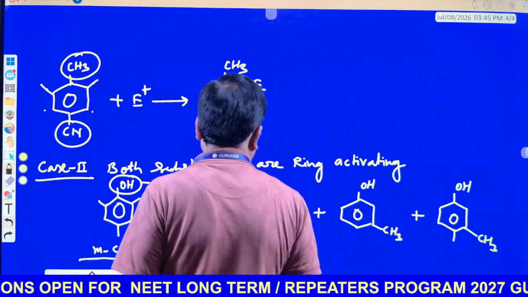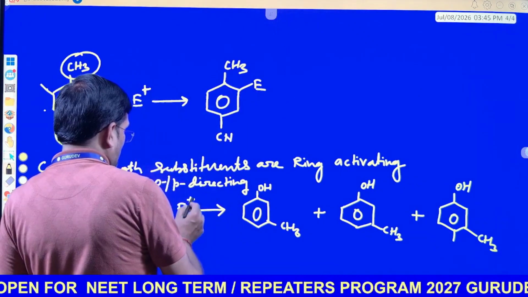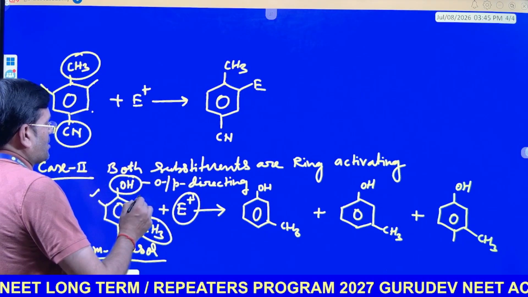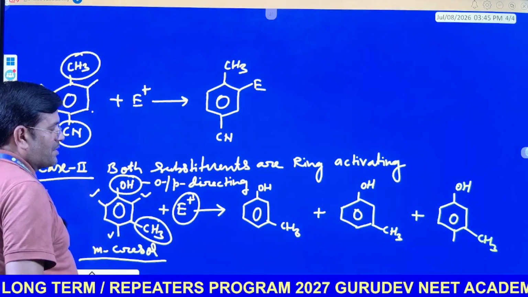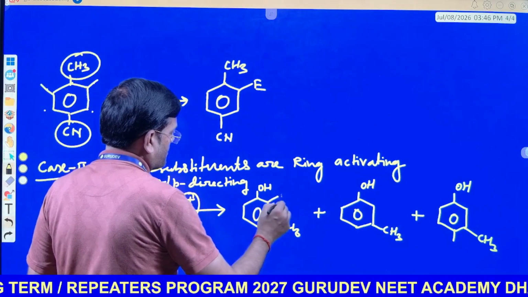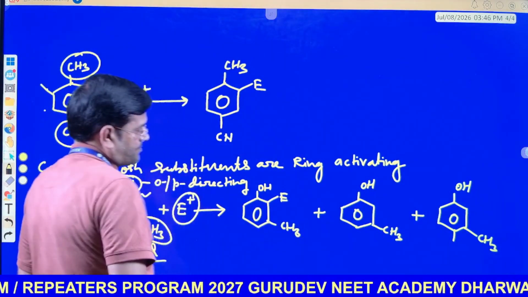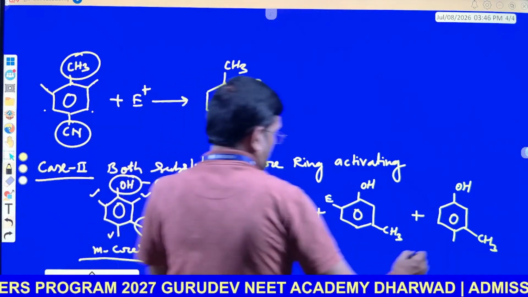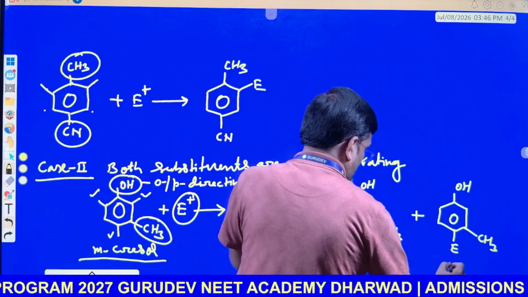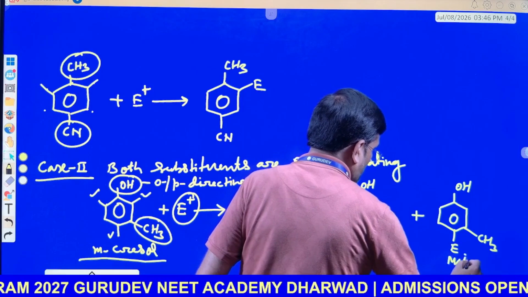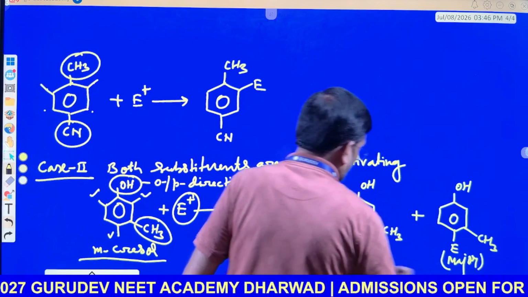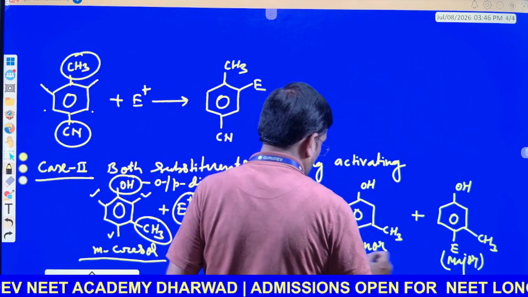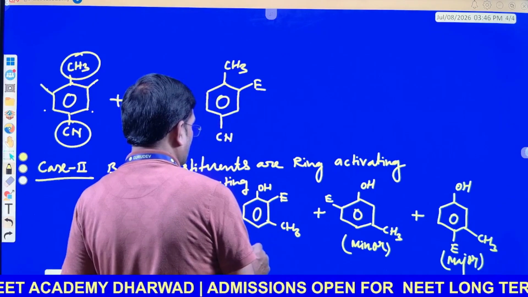So insertion of this electrophile at this site or this site or this site will take place. So let us form them: E, then E, then E. Obviously this one is going to be major, this one is going to be minor, and this one is the least proportion.